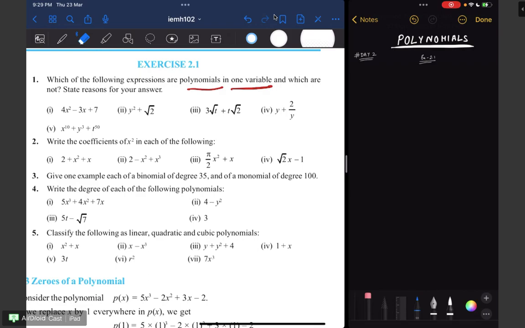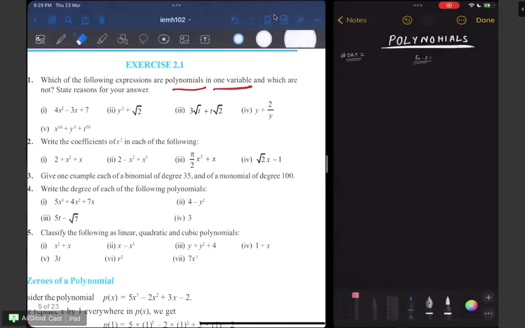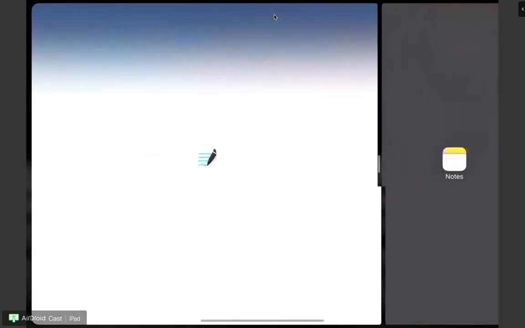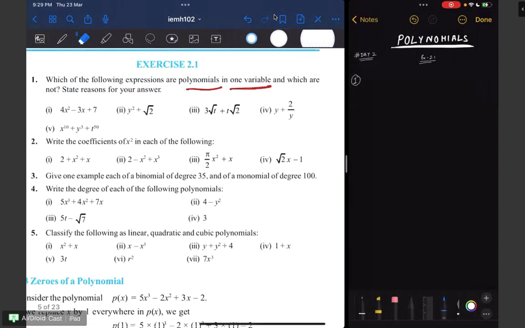Alright, so we already learned what a polynomial is. Any expression which has the power of the variables in whole numbers is known as a polynomial. So let's see which expression fits this criteria. Let's start off with question number 1. Question number 1 says that which of the following expressions are polynomials in one variable and which are not?